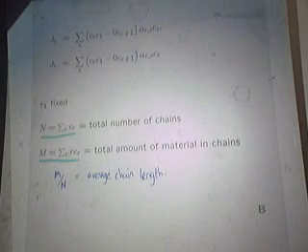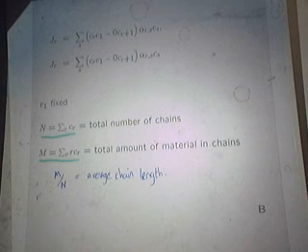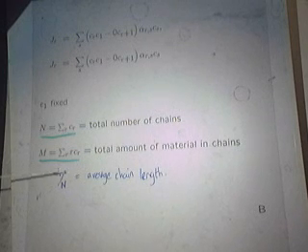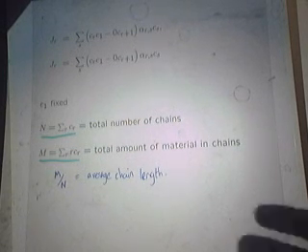And to answer questions like, do we get long chains growing in such a system? There are 2 fundamental quantities that we're going to look at. N is the total number of chains, and M is the total mass of chains, the total amount of material. And then if we take the ratio of M over N, that will give us our average chain length and enable us to answer questions like, do we get long chains or not?